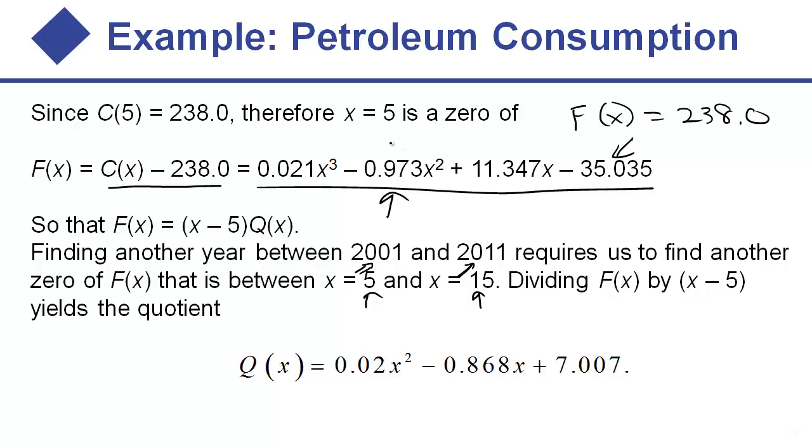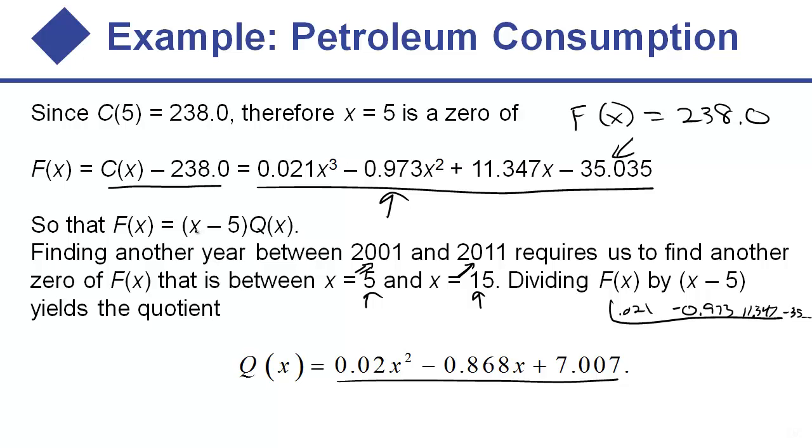So now, if we take this function and divide it by x minus 5, we get this new function here. Well, how did we do that? Again, probably the easiest way would have been synthetic division. You would set up 0.021, negative 0.973, 11.347, and negative 35. I ran out of room.